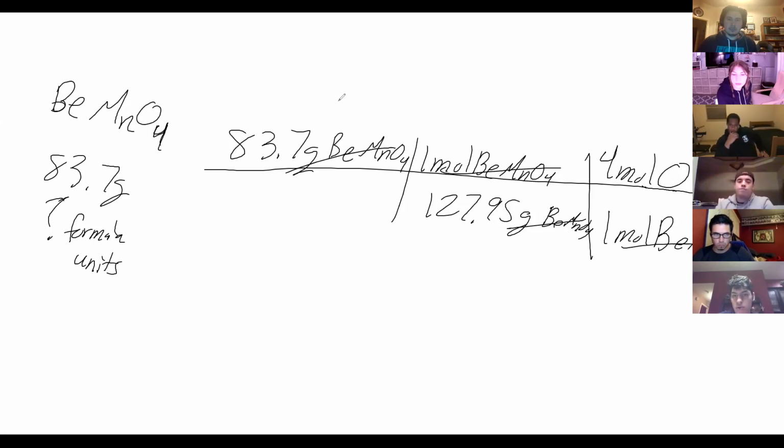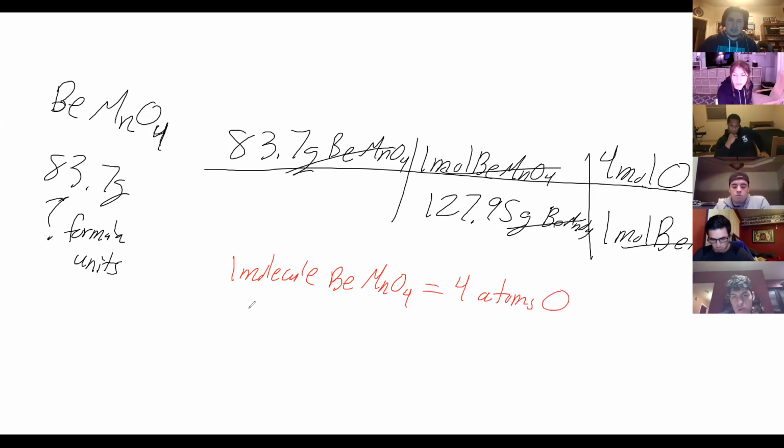So I'll just write this real quick down here. For every 1 molecule of beryllium manganate, you have 4 atoms of oxygen. For every 1 mole of beryllium manganate, you have 4 moles of oxygen.